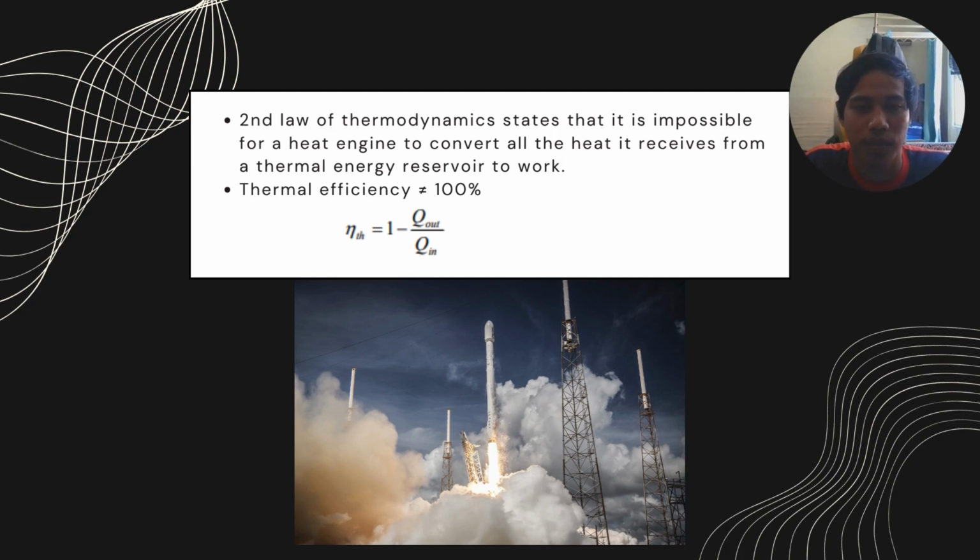This means that rocket propulsion is also considered a jet engine or a heat engine. In the Carnot equation, this is also considered an irreversible process, which means heat loss, the energy lost to the surroundings in the form of heat.